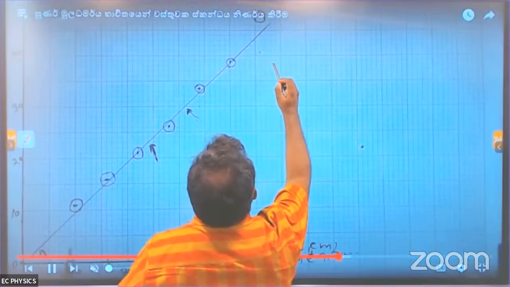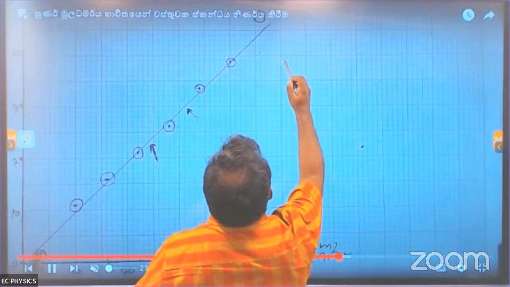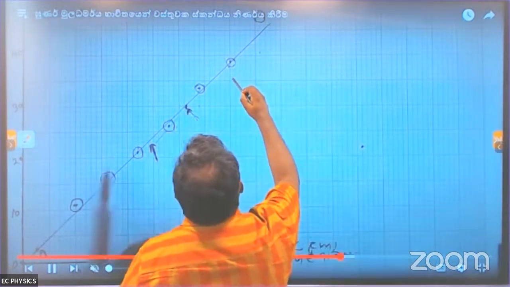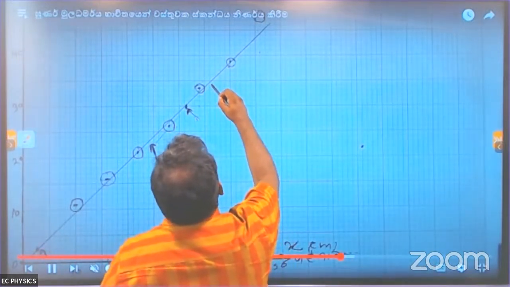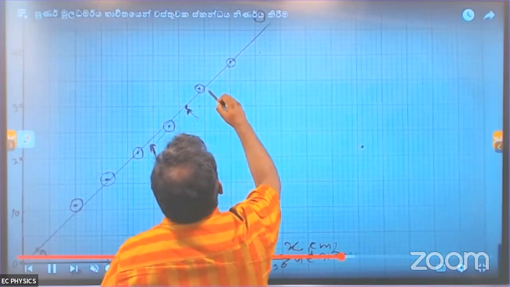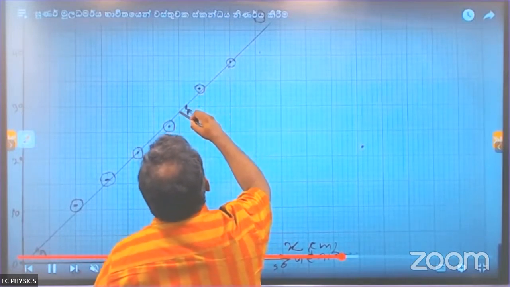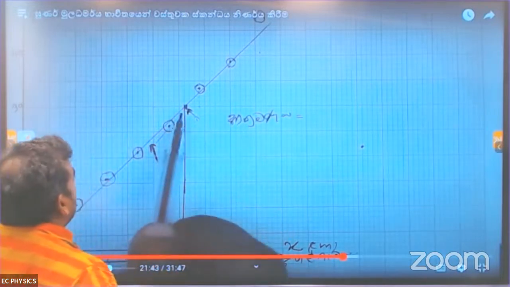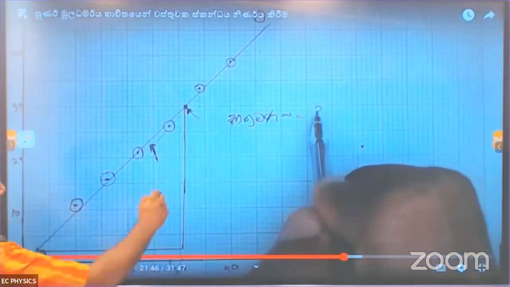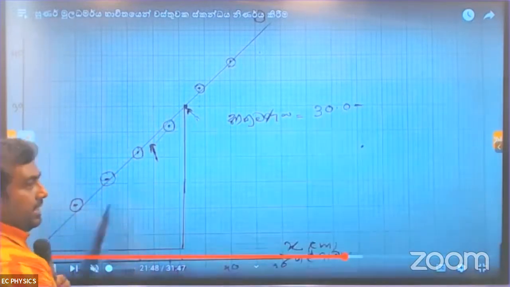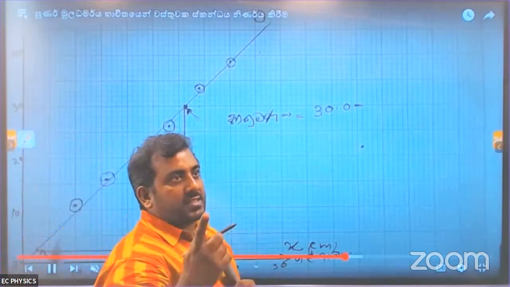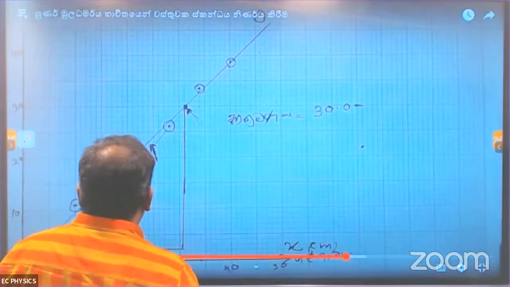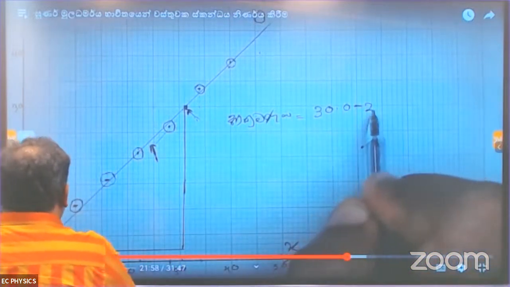Somewhere here also exactly cuts the grid line. So you take points where the line exactly cuts the grid line, and gradient is what? Y2 minus Y1 divided by X2 minus X1.